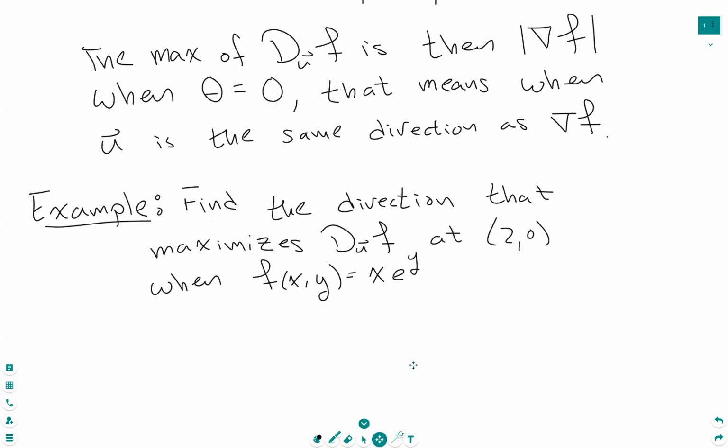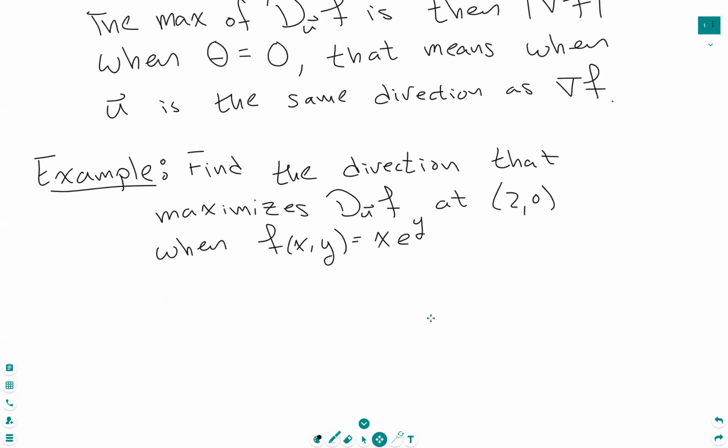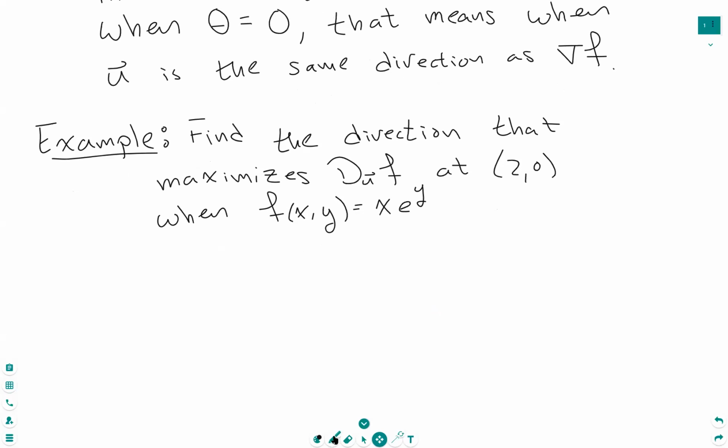Okay, so there's not much to this. We know that the direction that maximizes the directional derivative is the direction of the gradient vector. So let's find that gradient first.